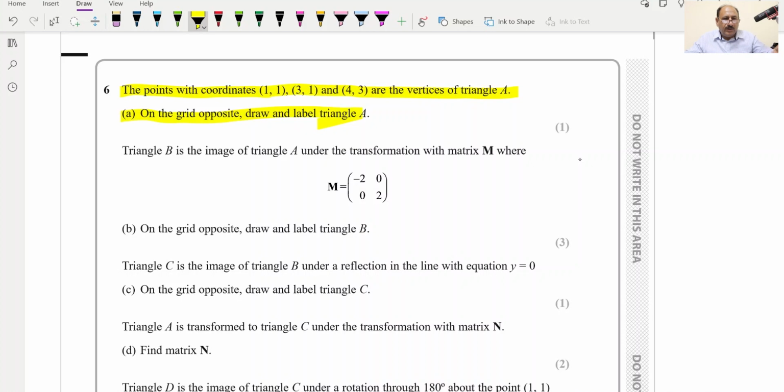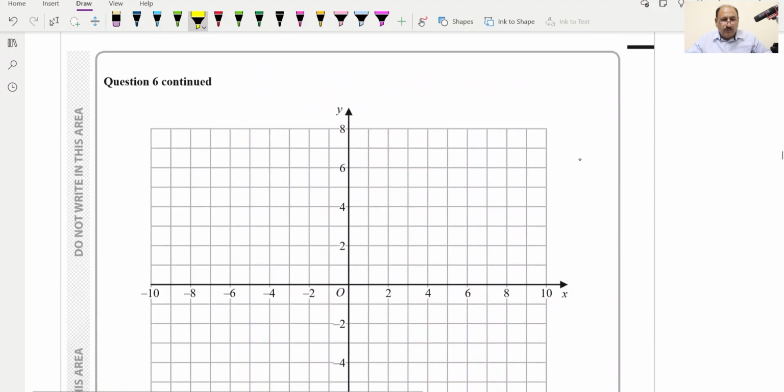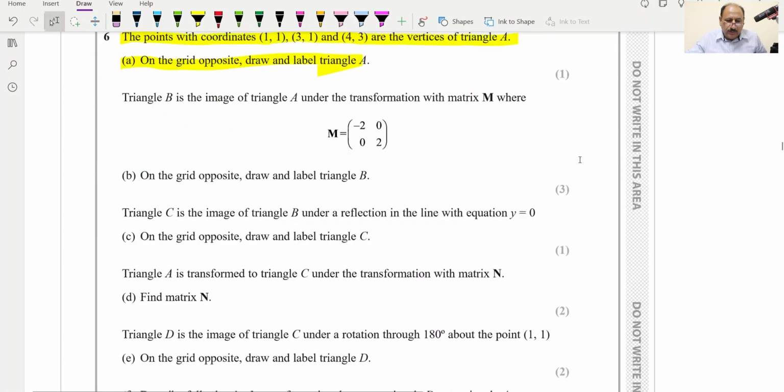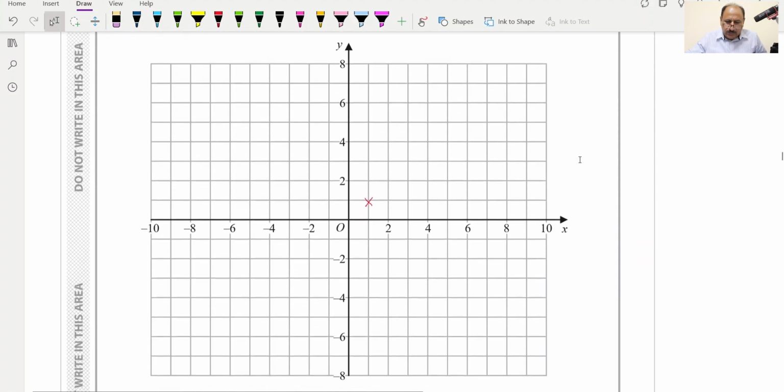So (1, 1), (3, 1) and (4, 3) are the vertices of triangle A. (1, 1) is this one, (3, 1) will be this point, and the next point is (4, 3), which will be this point.